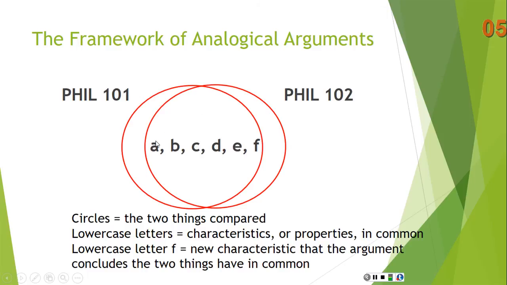It's something that's shared by Phil 101 and Phil 102. So remember, the circles equal the two things being compared, the lowercase letters equal the characteristics or properties in common, and the lowercase letter f is the new characteristic that the argument concludes the two things have in common.